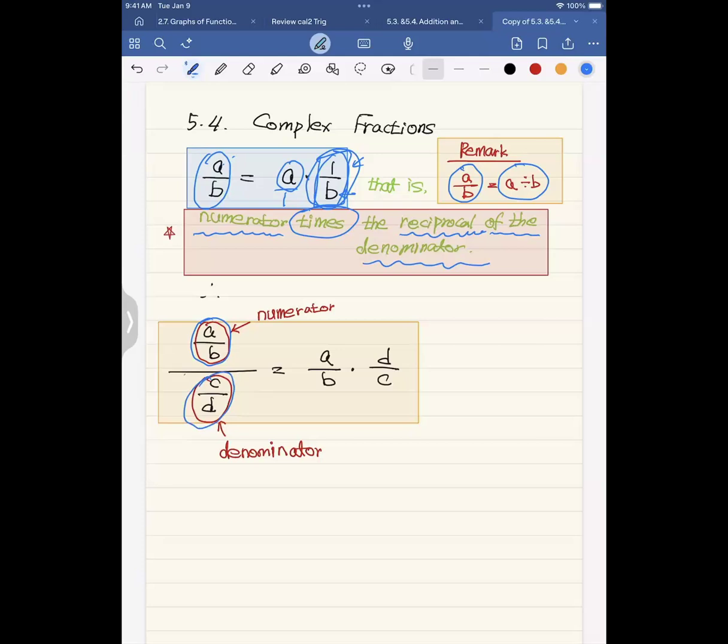What I told you was that a fraction in general, numerator over denominator, can be calculated as the numerator, which is in this case a over b, times the reciprocal of the denominator, meaning we have to flip the position of the numerator and denominator in the fraction in the denominator, so it becomes d over c.